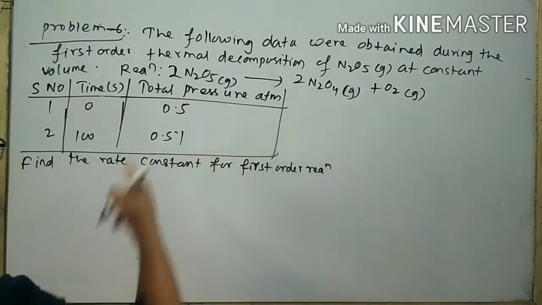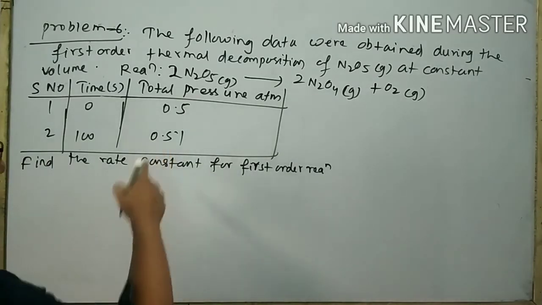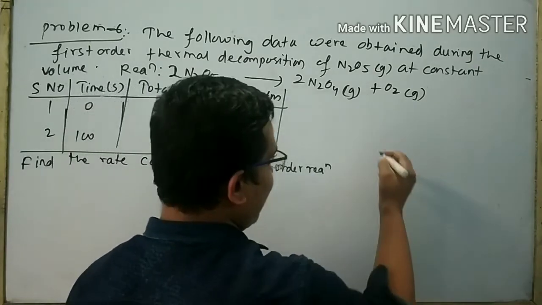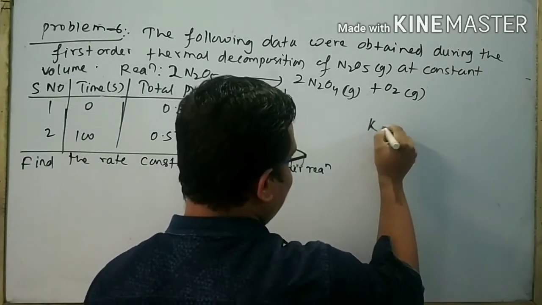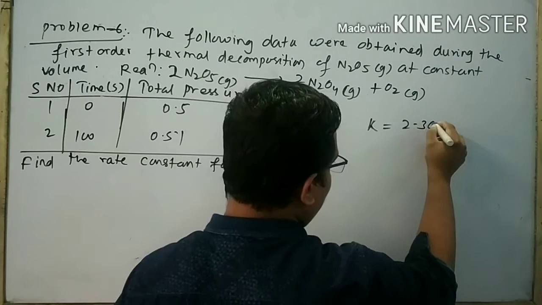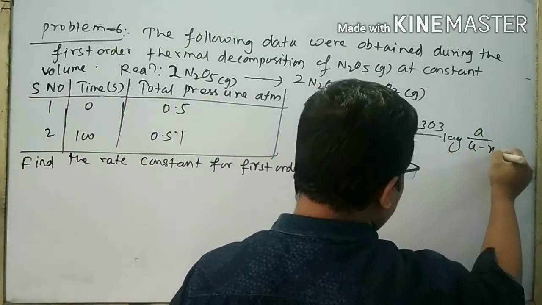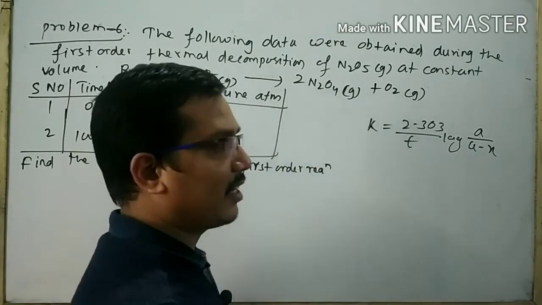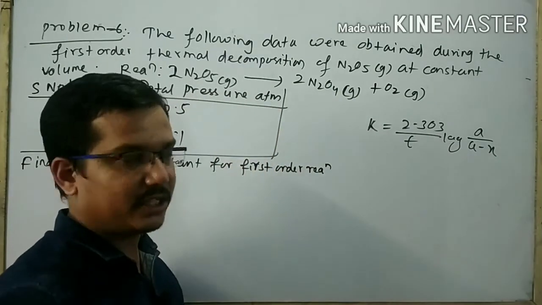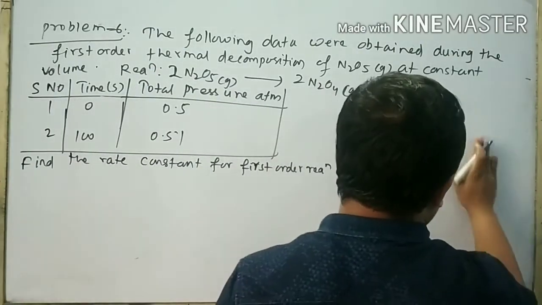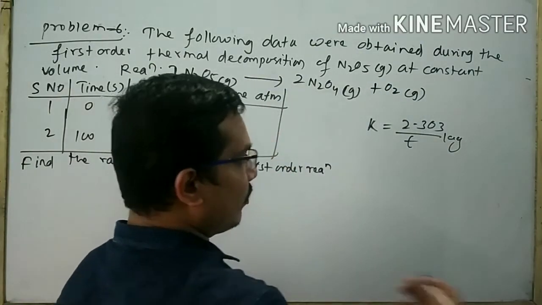Look at that, your pressure is given, your molar concentration is not given. According to the first order of reaction, we know that K is equal to 2.303 divided by T log of A by A minus X. Here A and A minus X are the molar concentration, but here pressure is written, so it is bound to change the molar concentration into pressure.